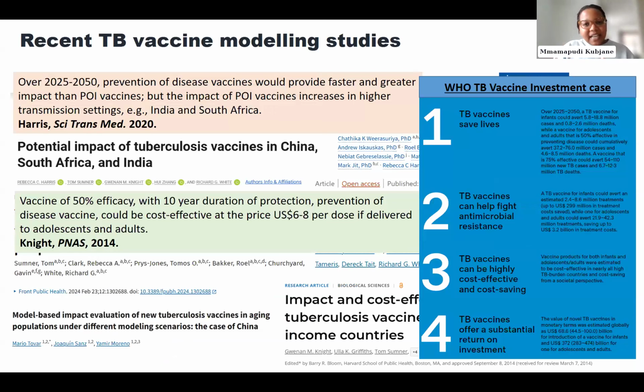And now, as we are in the phase of phase 3 trials, the preparation that is required from countries and the region is to prepare for implementation of such a vaccine, and the conversation that is required is to see how an optimal implementation would look like, in order to meet greater impact.